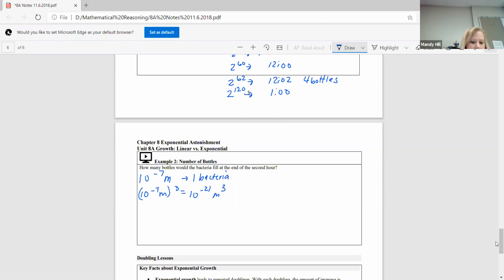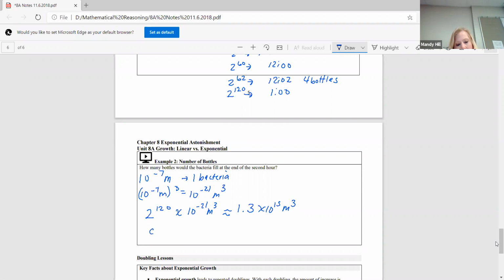Therefore, if we have 2 to the 120th bacteria in 2 hours times the space they take up, 10 to the negative 21 meters cubed, that's approximately 1.3 times 10 to the 15th meters cubed. With this volume, the bacteria would cover the entire surface of the earth in a layer more than 2 meters deep.